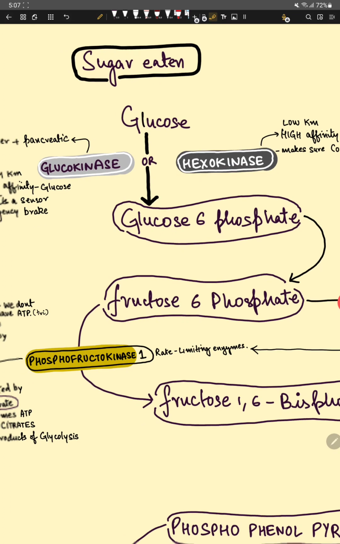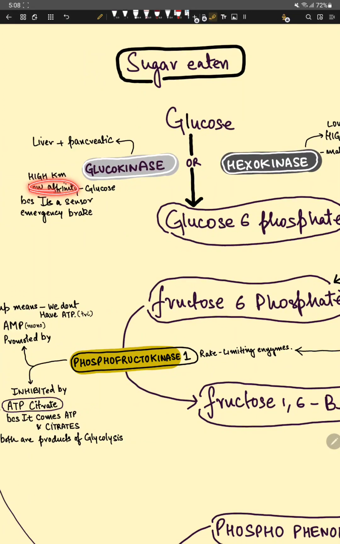So what's the story? Glucokinase has low affinity for glucose. It means it only turns the glucose into glucose 6 phosphate when it's an emergency. So it acts like a sensor, an emergency brake.